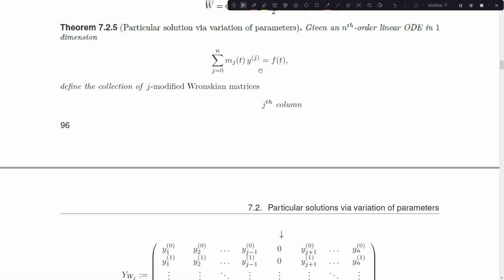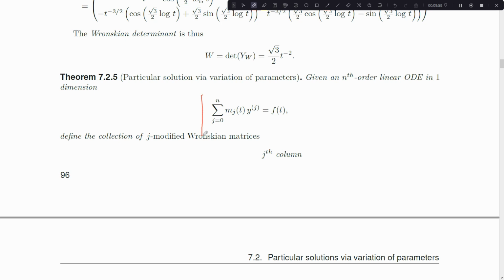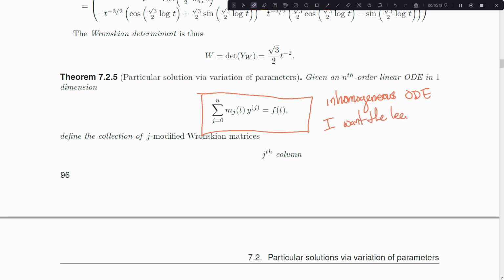Let me scroll back up. Let's look at this. This is our inhomogeneous ODE. And I want the leading, i.e. the highest order term, to have a coefficient of 1.